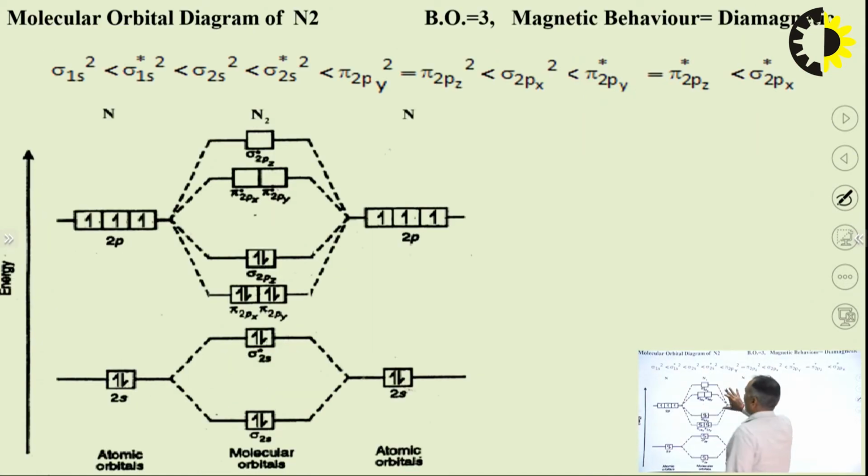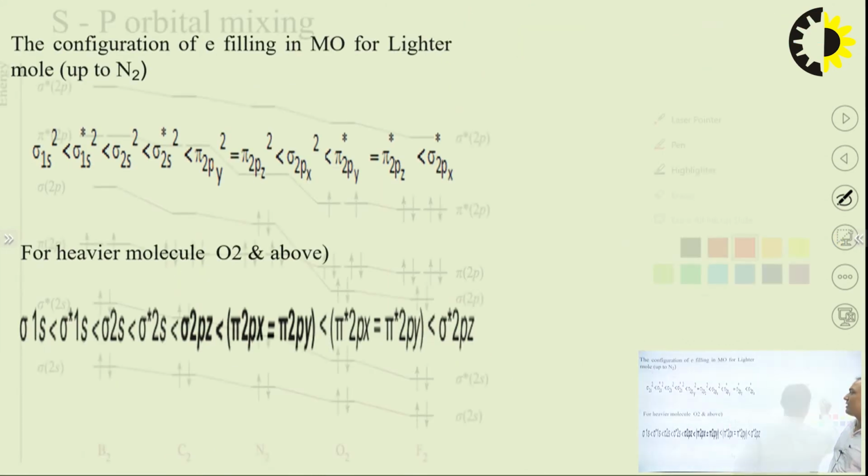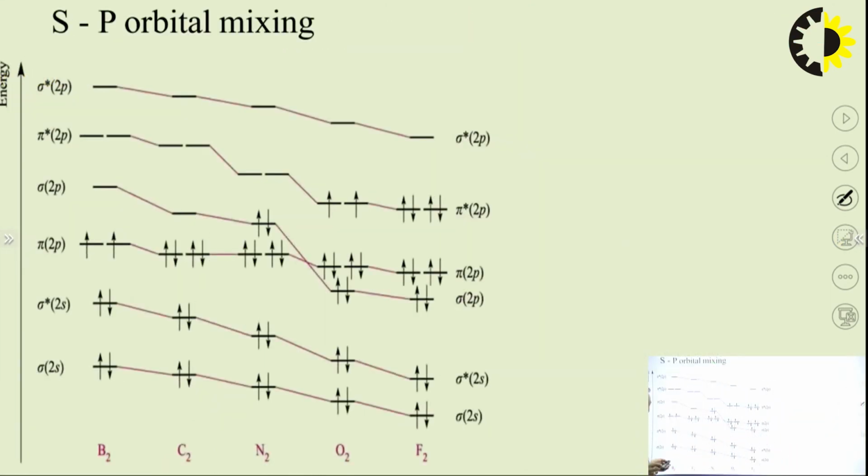So this is a very important diagram for nitrogen. For nitrogen and oxygen, we have a little bit of change in configuration. When we go from boron to nitrogen, due to sp mixing, the energy of sigma 2p increases, while when we move from oxygen and above, the sp mixing is reduced and the energy of this sigma is reduced.